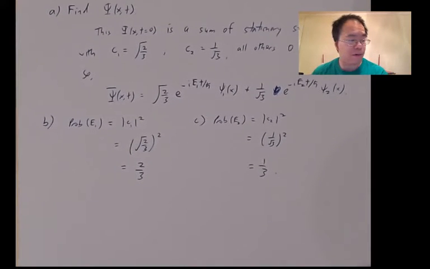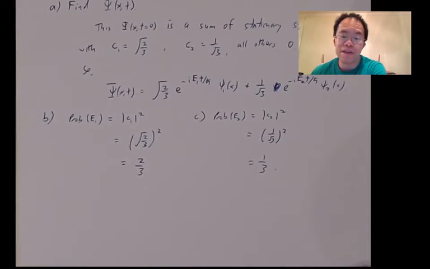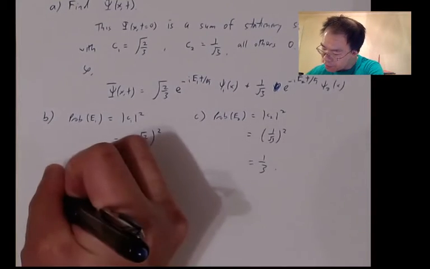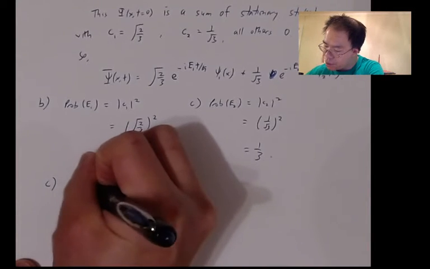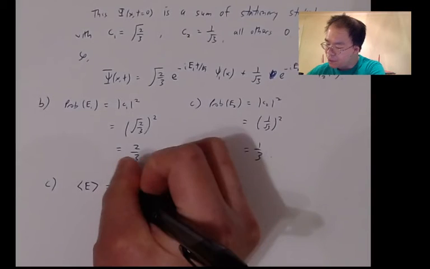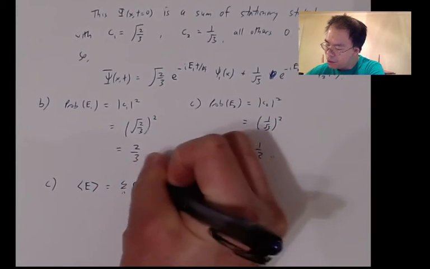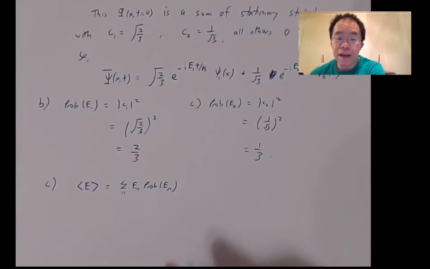So the last thing we're asked to find here is the expectation value of the energy. Writing that down, it's going to be the sum of En times the probability of getting that energy.